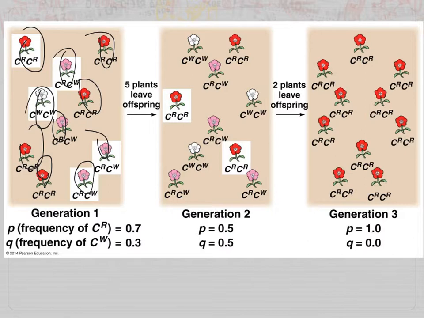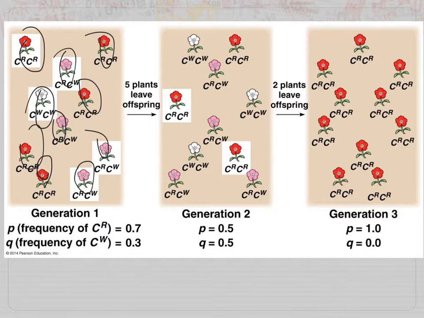So the frequency of the R allele was 70%, and the frequency of white was only at 30%. So don't forget we have to count the pink ones, that they have a white allele also.